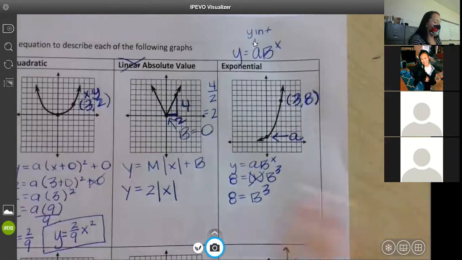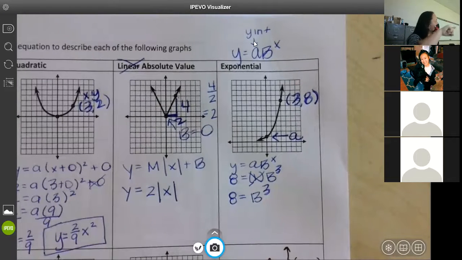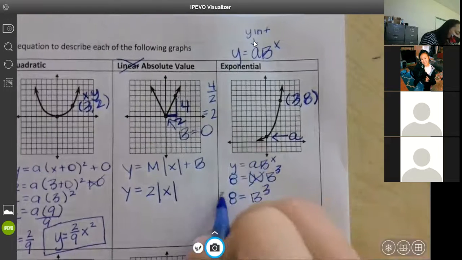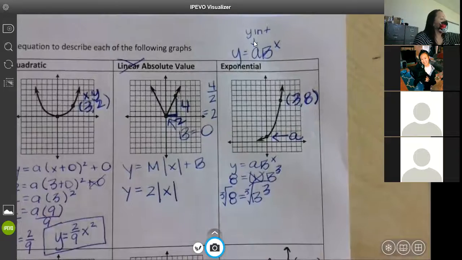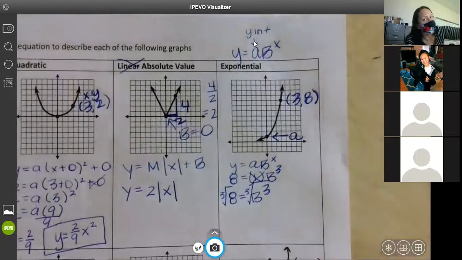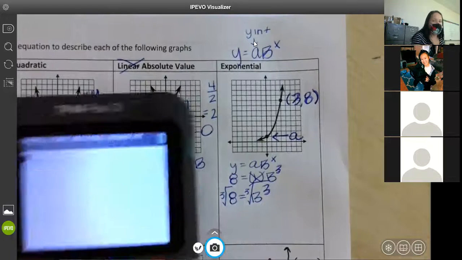If you can't do that, remember, if this were a square, we'd take the square root, but it's a cube, so we're going to take the cube root. Now, what's good is that you get your calculator all the time, so I'm going to show you where that's at. If you forget, I'm recording this, so you can go back and check it.